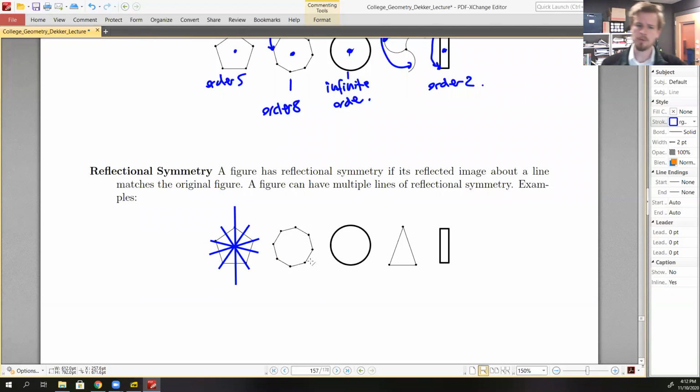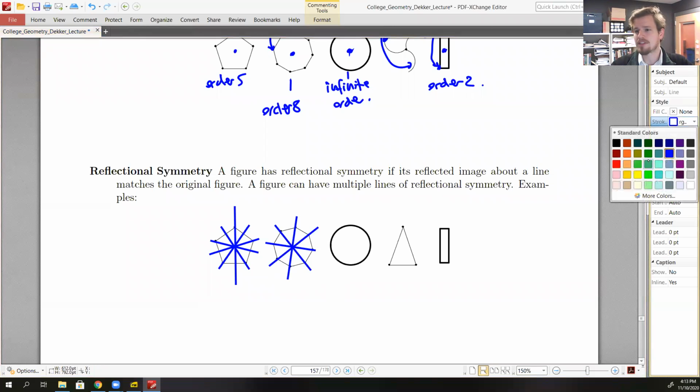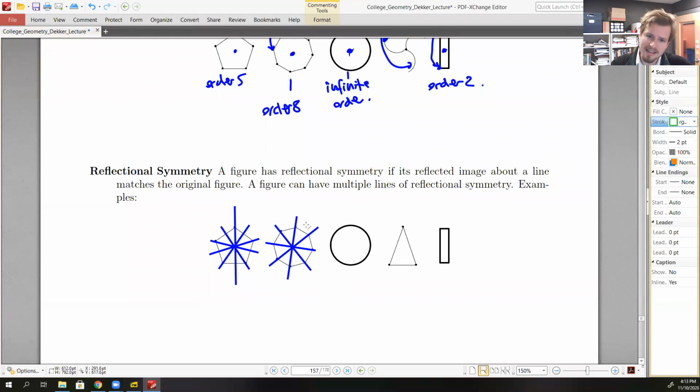I could do the same thing where we have an even number of sides. If I put a line through 2 opposite vertices, the image on the left looks the same as the image on the right, so that's a line of reflection. And we could do that for any pair of opposite vertices. I can do the same thing with the sides as well.